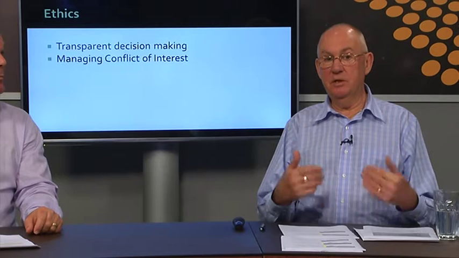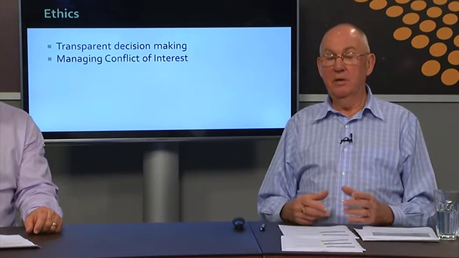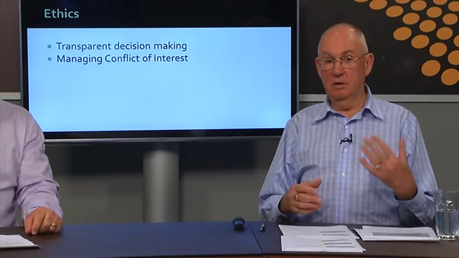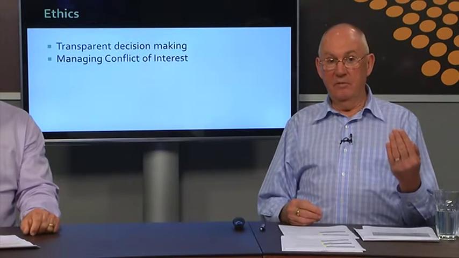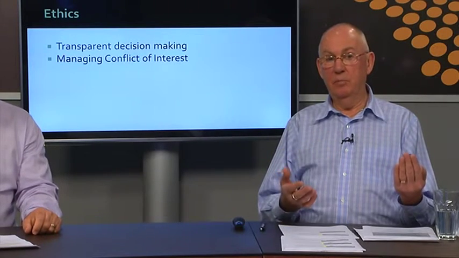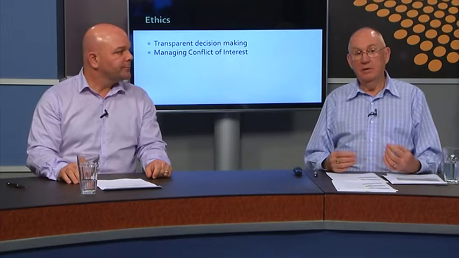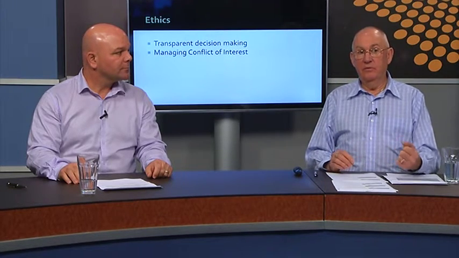So what are your procedures to ensure that people who have a conflict of interest disclose them, but then having disclosed them, don't take any more part in the decision-making process? Because it's one thing to say there's a conflict of interest, but it's another thing to do something about it. That was a critical part of that episode.